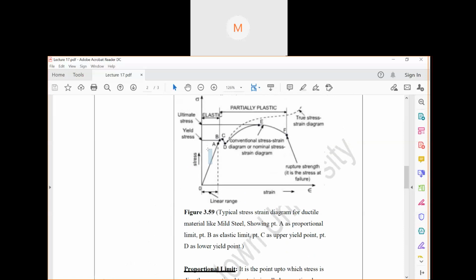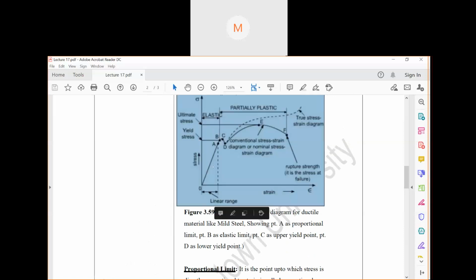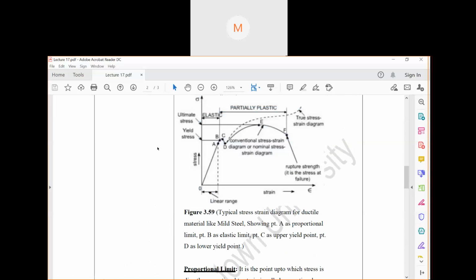If it is a straight line here, that means what? The stress is directly proportional to strain. Okay, is it clear for everyone?